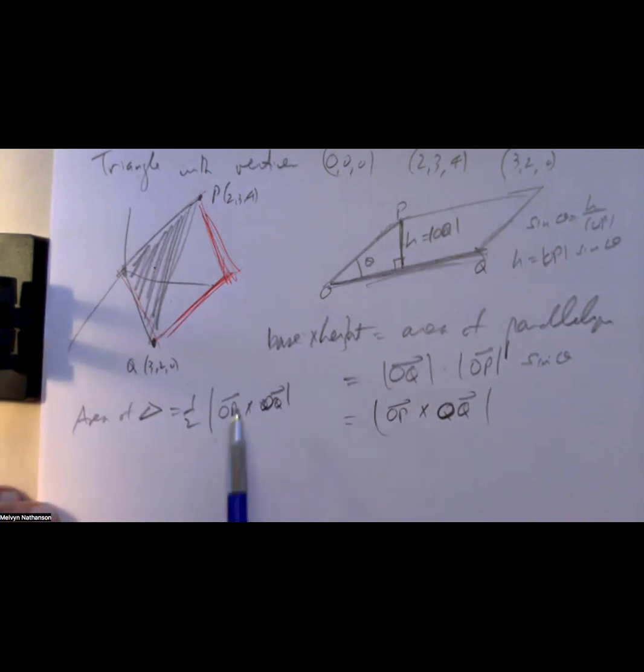So how do we find the cross product? Well, for the cross product, we set up I, J, K, the vector P is 2, 3, 4, and the vector Q is 3, 2, 0. So this is I times the determinant of 3, 4, 2, 0, minus J times the determinant of 2, 4, 3, 0, plus K times the determinant of 2, 3, 3, 2.